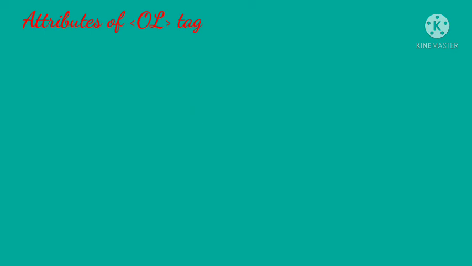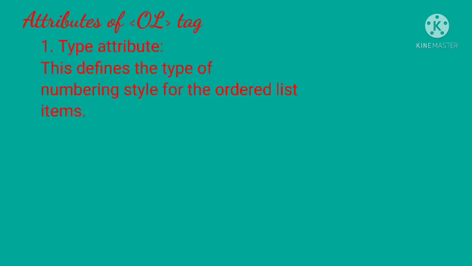Next, attributes of OL tag. Students, there are three attributes used to specify the order of elements in an ordered list, and the first one is type attribute. This defines the type of numbering style for the ordered list items.